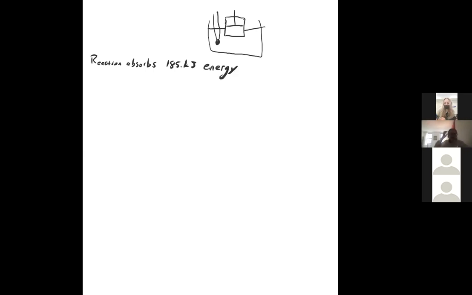Next thing it says, the position of the piston is monitored, and it says the piston does 364 kilojoules of work on the system. Okay, so read these very carefully.